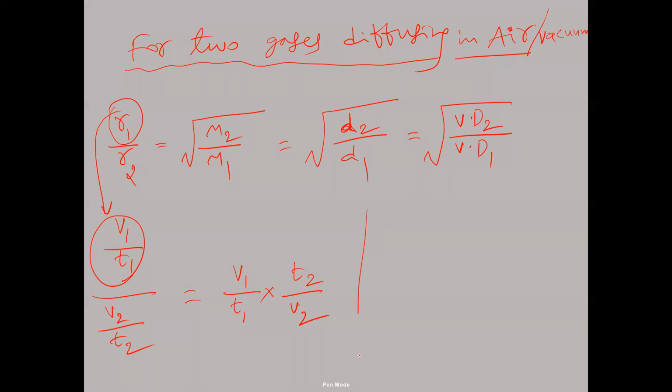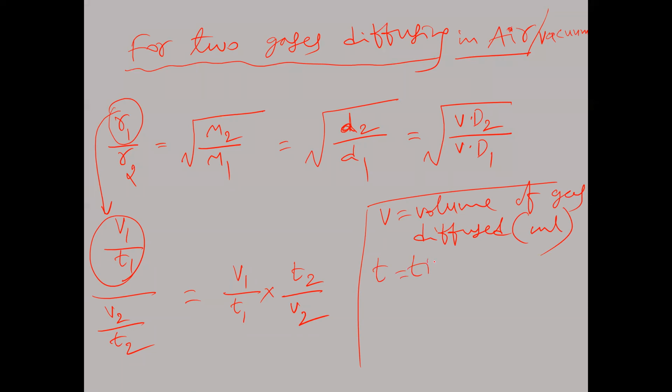Now, what is V here? V is the volume of gas diffused, generally taken in ml. And T is the time taken by the gas to diffuse.